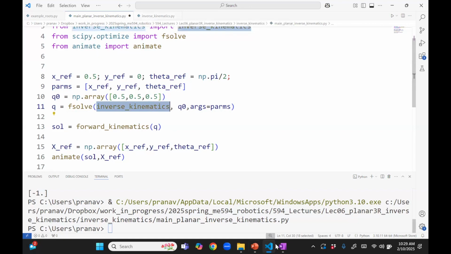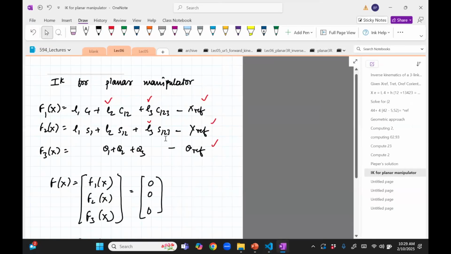This function should just provide f1, f2, f3, and that should be the return argument. That will be xc, the end effector position minus xref, y position minus yref, and then the sum of the angles. So let's program that.